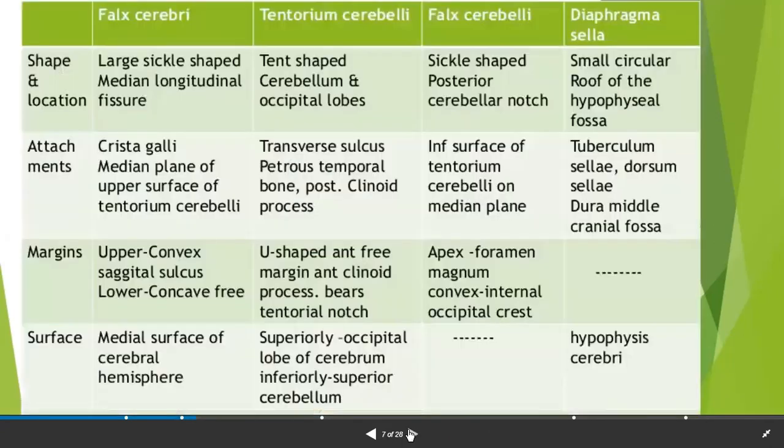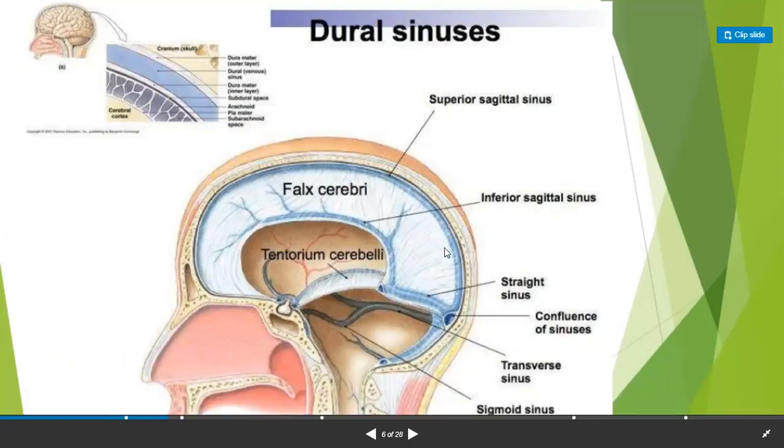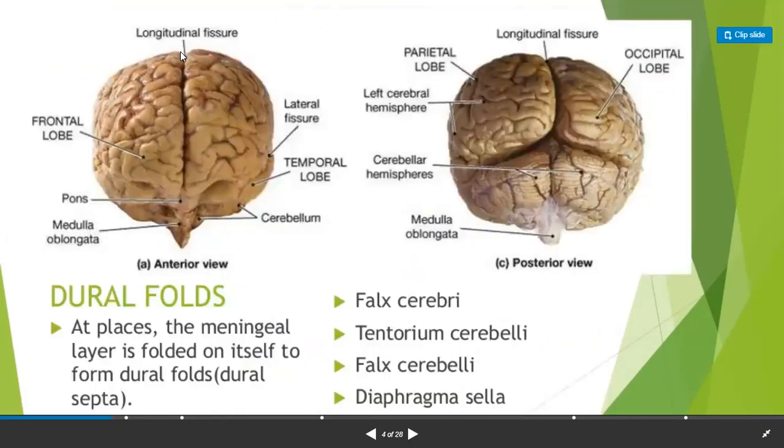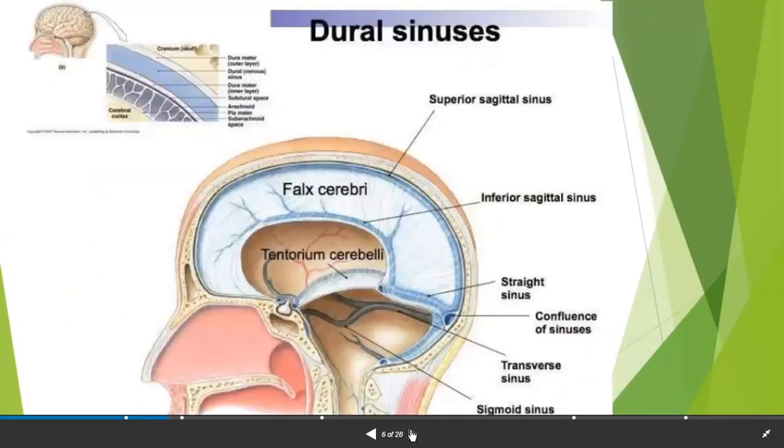Now, when you talk about the falx cerebri, it is a large sickle-shaped fold of dura mater, seen along the median longitudinal fissure. Actually, the falx cerebri dips between these two cerebral hemispheres.